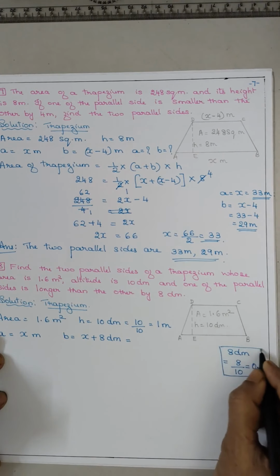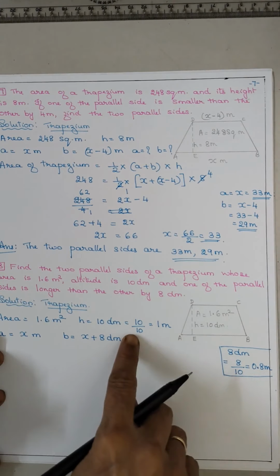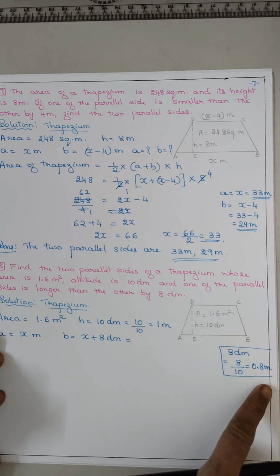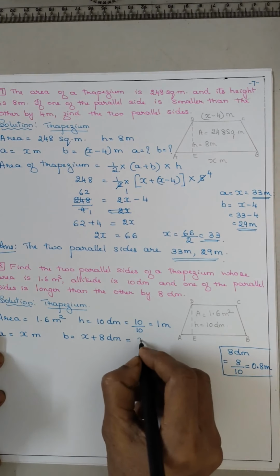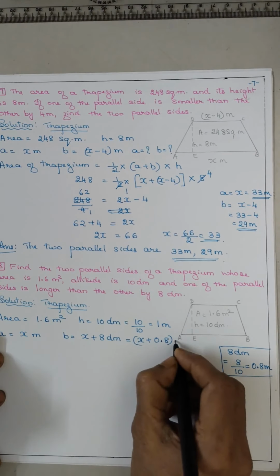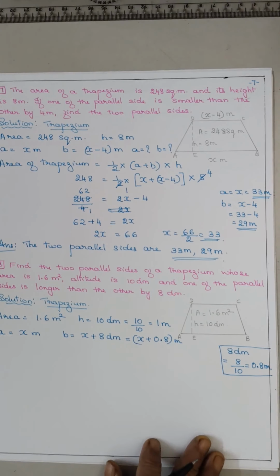Yes or no? dm to meter we have to divide by 10. 8 by 10, it is 0.8. So it will be x plus 0.8 meter. Okay.